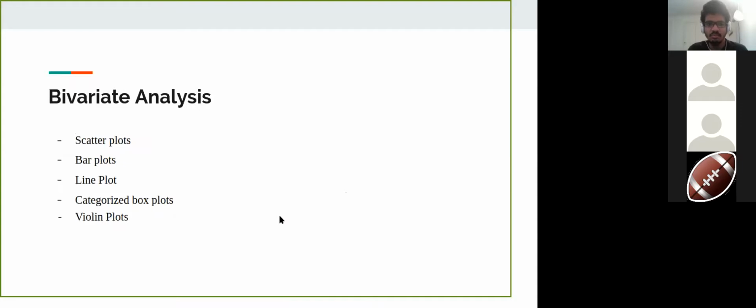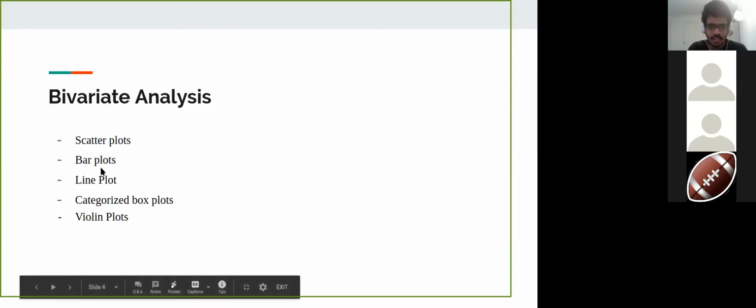Next, we move on to bivariate analysis. Now, it depends on what type of data we have. Depending on whether we have continuous data or categorical data, we'd use different types of plots. Scatter plots would generally be used for continuous data, and bar graph or bar plot will be used for categorical data.